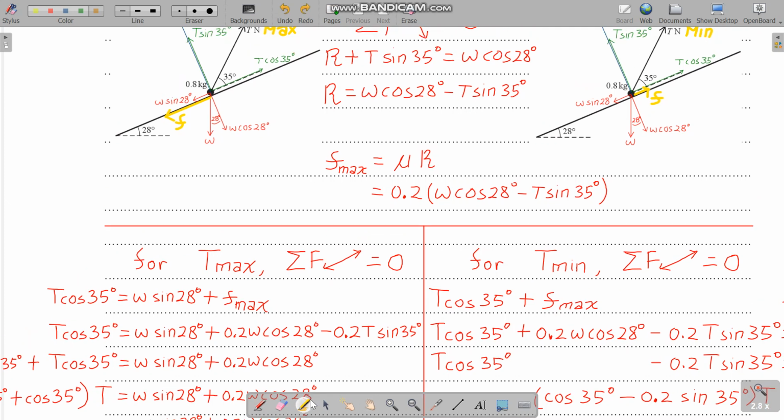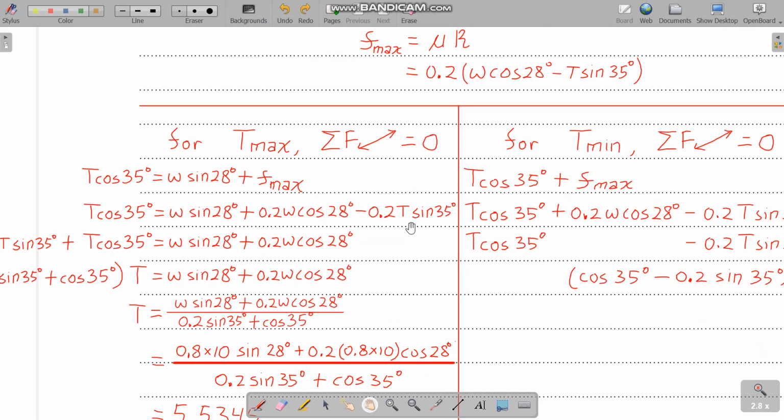Equilibrium means sigma F equals 0. For the forces up the slope, in the case of T max, we have only one force up the slope, which is T cos, and down the slope we have W sine and the maximum friction. So we replace the maximum friction with this expression here, and then we solve for T.